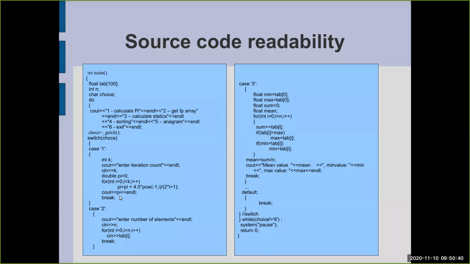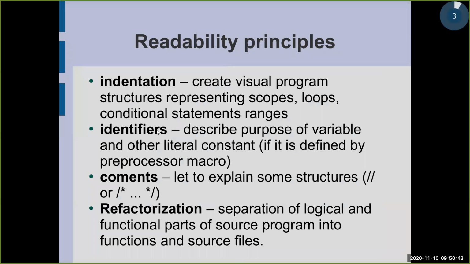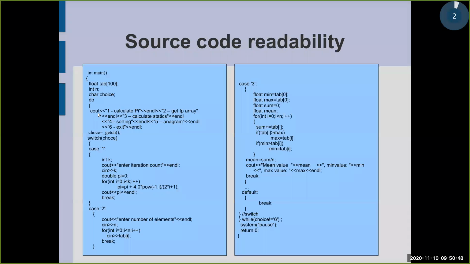The second principle, identifiers. For example, if we have the identifier pi, we can infer that in this loop we calculate the pi value. Of course, this identifier can be labeled as A, B, or C, but in this case, it's hard to understand this code.